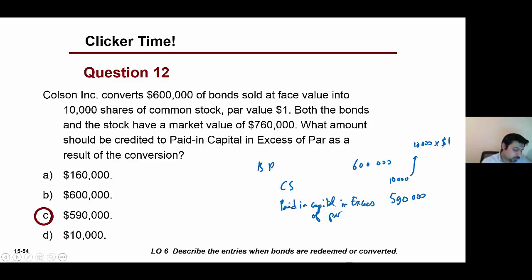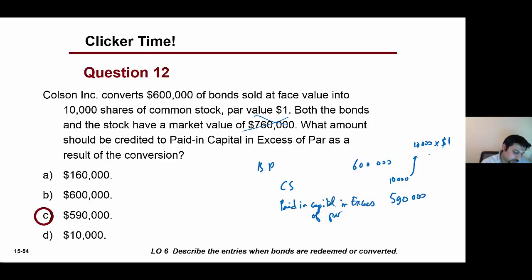It is important to note here that we completely ignored the stock market value and the bond market value. Now, you might ask, for example, why would anyone convert bonds payable worth 600,000 into common stock for the value of $10,000? Now remember that this is a par value.